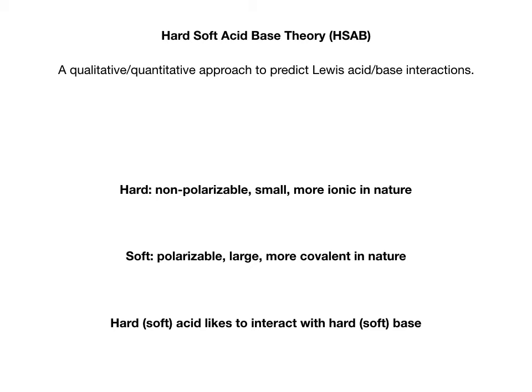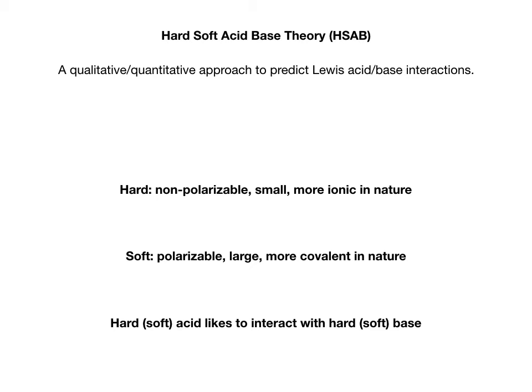Soft acids or bases are the opposite. They're much more polarizable. They're typically much larger. And in terms of their interaction with other species, there's more covalent interaction in nature. Now, the essence of the HSAB theory can be summarized into one sentence.